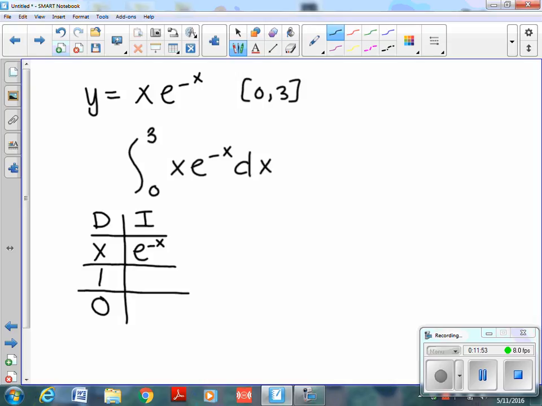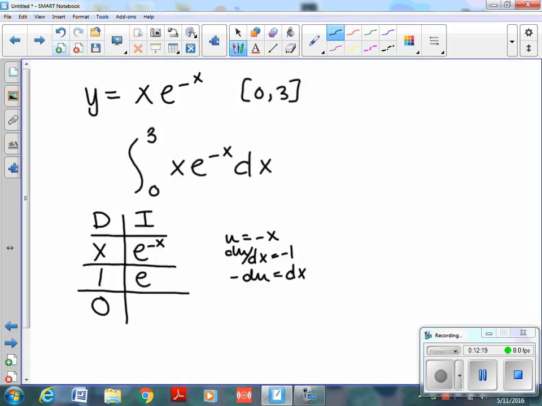When I integrate e to the negative x, okay, how do we integrate e to the negative x? I'm just going to come over here and show you. I'm going to let u equal a negative x. I'm going to let du/dx equal a negative 1. So a negative du needs to equal dx. So if I integrate this, I'm going to use e.